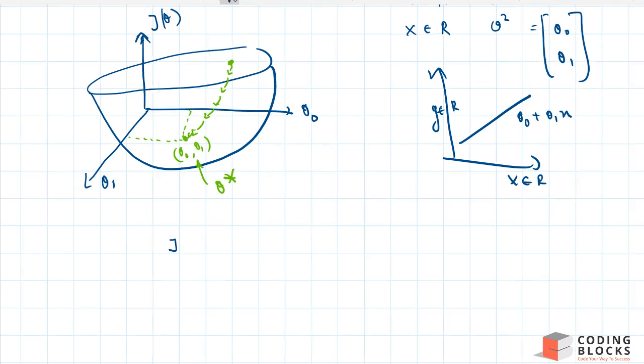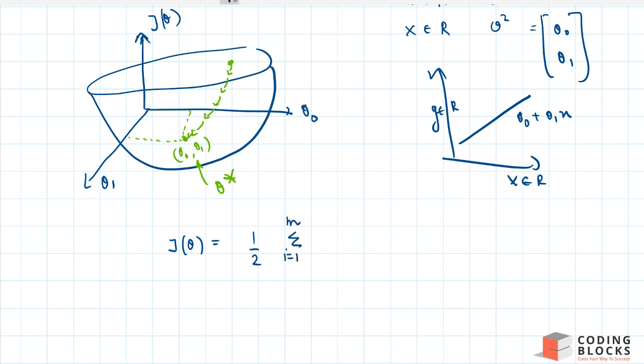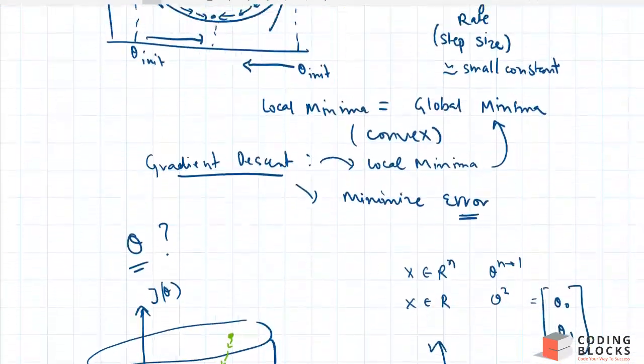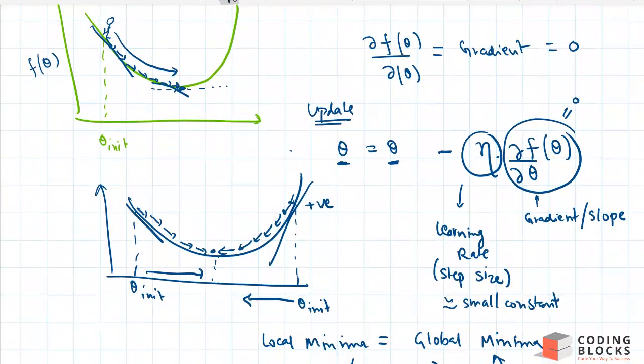Okay, so the loss function J(θ) is equal to half of the summation i goes from 1 to m of (h_θ(x^(i)) minus y^(i)) whole squared, right? And this is the update we want to make.